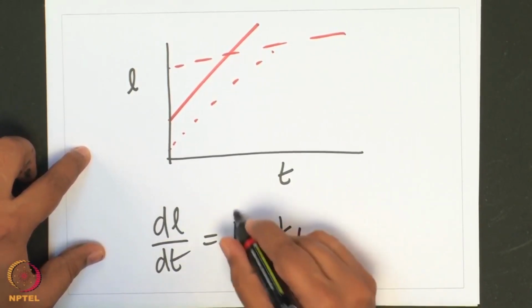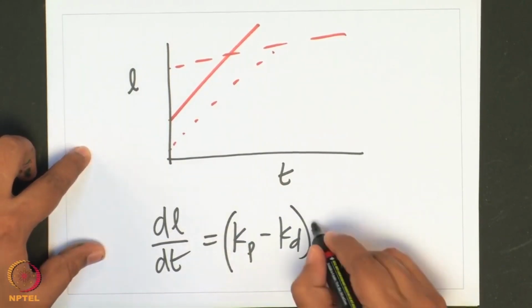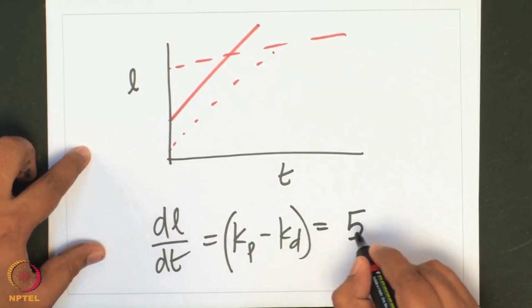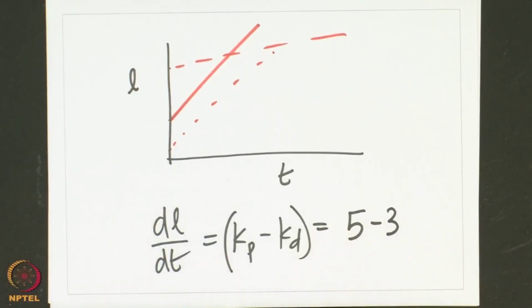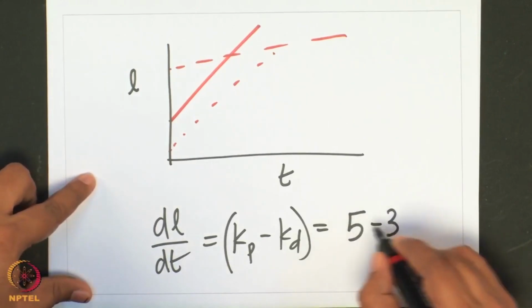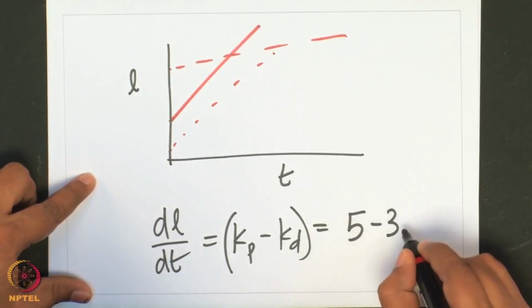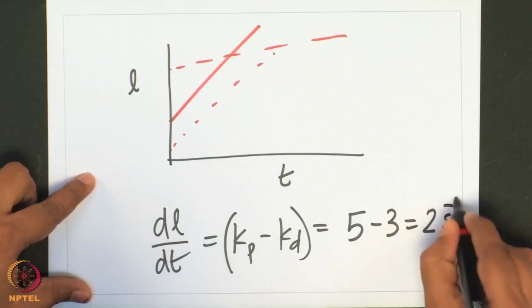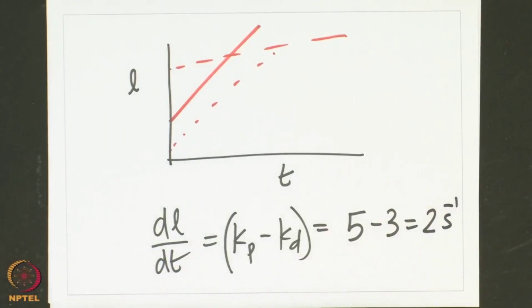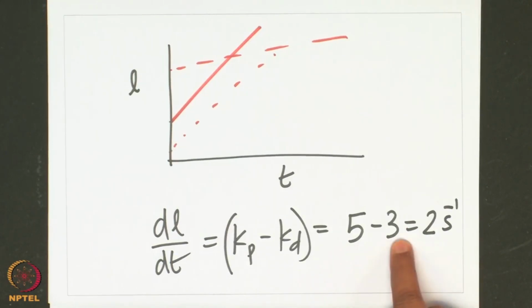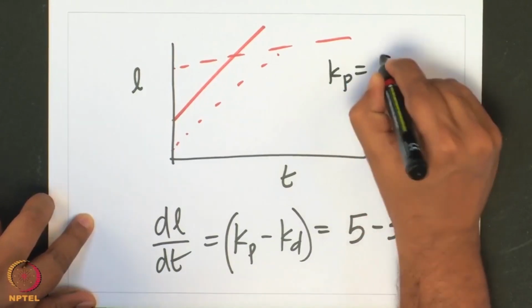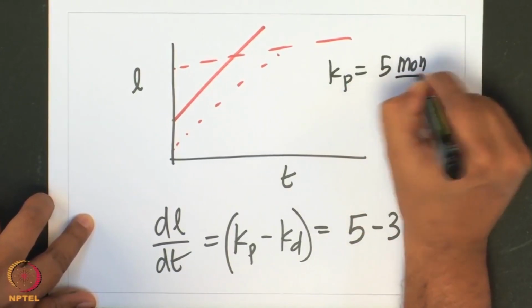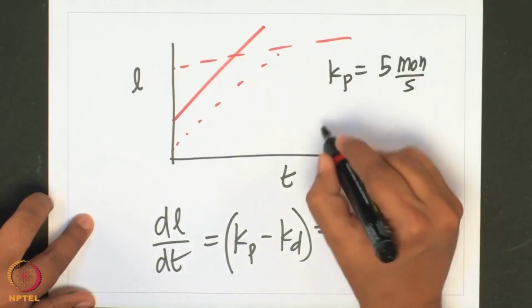If you assume Kp and Kd are constants, so let us say Kp is 5 per second and Kd is 3 per second, Kp minus Kd is 2 per second. So, 5 minus 3 equal to 2, the unit is per second. Kp is 5 monomers per second, which is the polymerization rate.